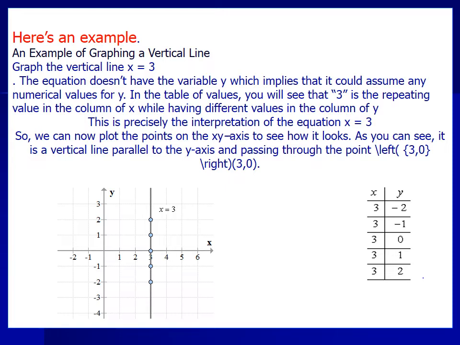Y is changing. This is precisely the interpretation of the equation x equal 3. So, we can now plot the point on the xy axis to see how it looks. As you can see, it's a vertical line parallel to the y-axis and passing through the point 3, 0.